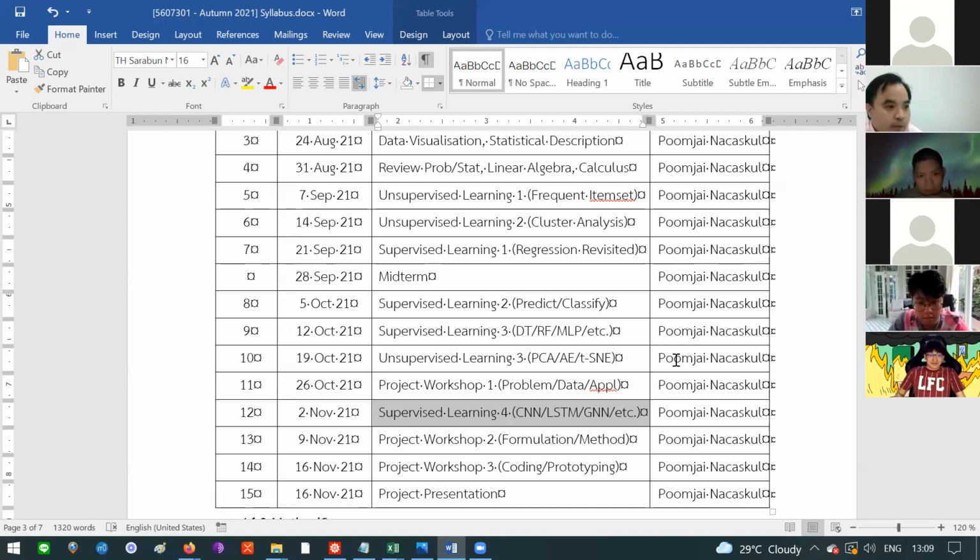LSTMs deal with numbers, but more like time series, like financial time series: price of stocks or price of Bitcoin or whatever. GNN deals with the more general concept of relationships and so forth. So you can imagine that this is where you get to big data stuff, and also NLP, natural language processing.